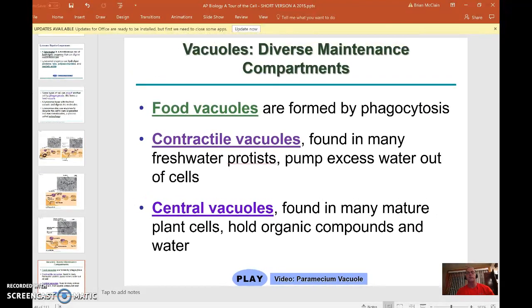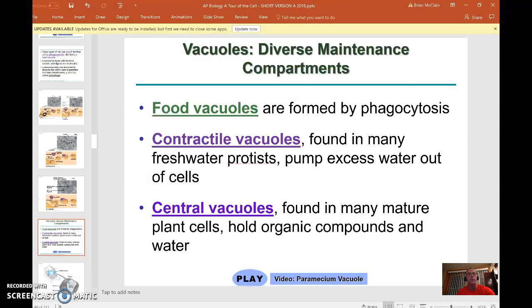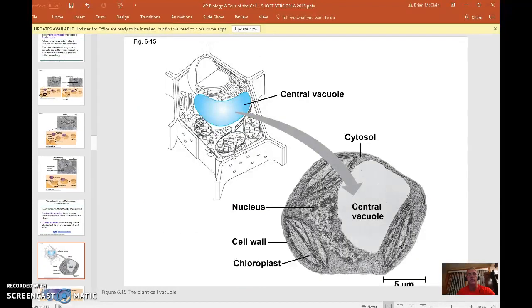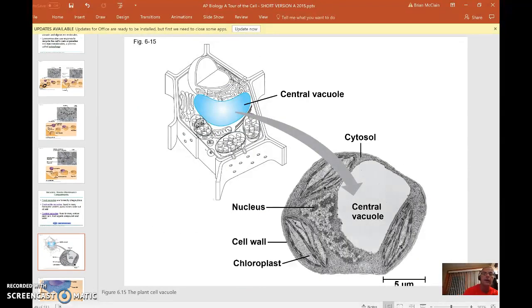And then just kind of wrapping this section up, we take a look at the idea of vacuoles. And vacuoles are storage areas. We have food vacuoles, we have contractile vacuoles, we have central vacuoles, and the idea is that they're going to help us hold nutrients and materials. In a plant cell, you're going to have a much larger central vacuole, and what you notice is it kind of pushes that nucleus off to the side. So the whole idea that the nucleus is always going to be in the center is really not accurate when you're looking at a plant cell.